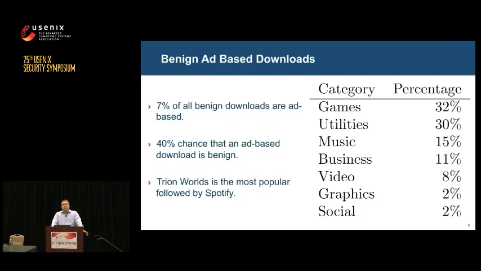And since the benign downloads are much larger than the social engineering downloads, you basically have a 40% chance, if an ad is on the web path, that the download is benign. The most popular categories for benign downloads through advertisements were games and utilities. The most popular software we observed during this time was the Tryon Worlds game being downloaded through advertisement, followed closely by Spotify.